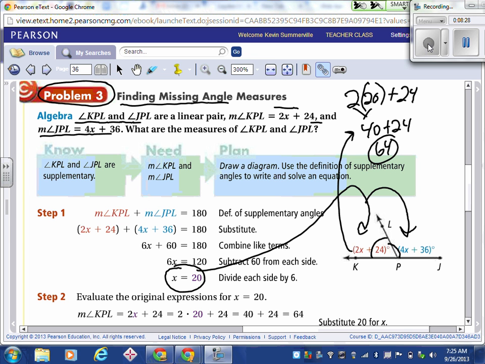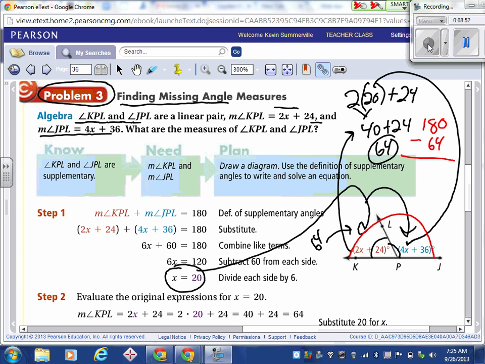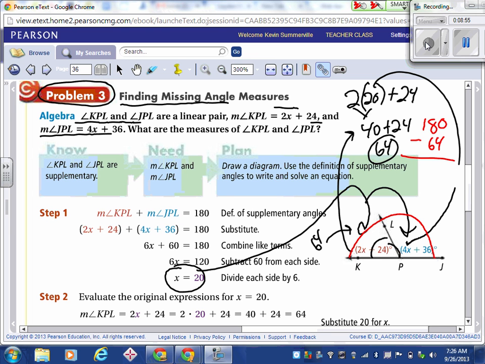If you know that this angle right here is 64, I could just plug in the 20 for the x, or knowing that those two angles equal 180, I could take 180 minus 64 to find out what the other equals. And when I do that, you'll find out that it equals 116.